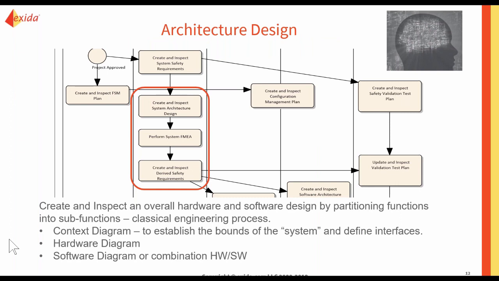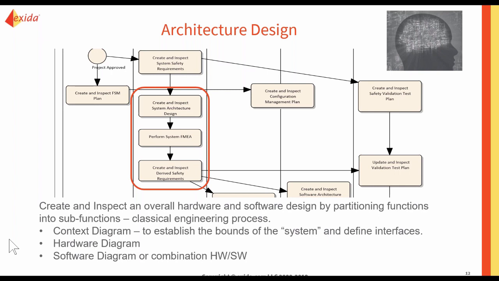Once the requirements are finished, we usually start out with a nice high level design, which we often call an architecture design. Given the requirements, we sit down and figure out how are we going to meet these requirements. Typically, we have a context diagram to establish the bounds of the system, define the interfaces. We end up generating a hardware diagram of some kind and a software diagram of some kind.